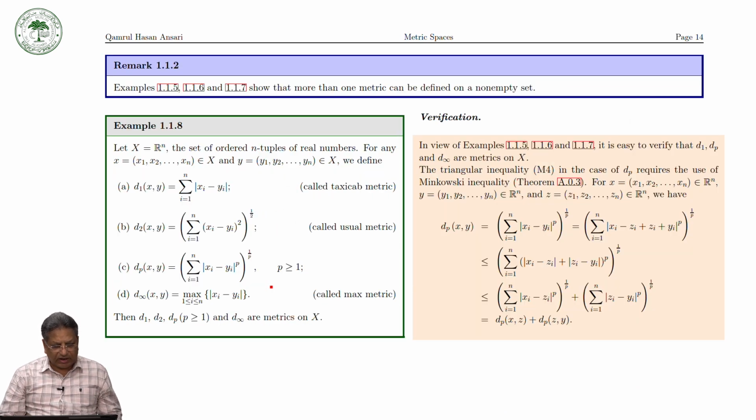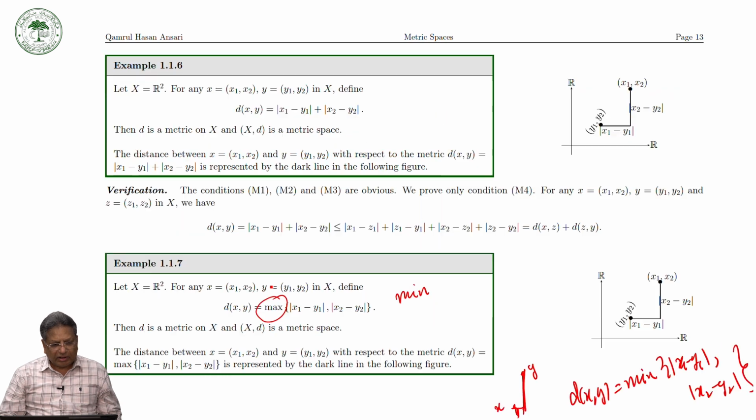Now you see that we have defined three different kinds of metrics on R2, and of course besides these three metrics we can define the discrete metric, because as I mentioned, on every non-empty set X we can always define a metric, that is a discrete metric.